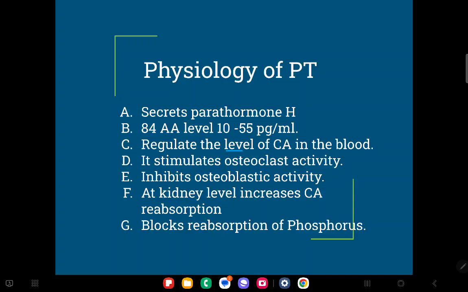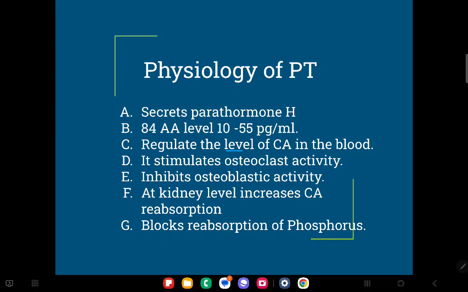PTH works on 3 sites. It works on the kidney to increase the reabsorption of calcium from the urine, and it works on the intestine to increase the absorption of calcium, and it works on the bone, where it stimulates the osteoclastic activity, so resorption of bone, and might lead to osteoporosis if it is excessive.